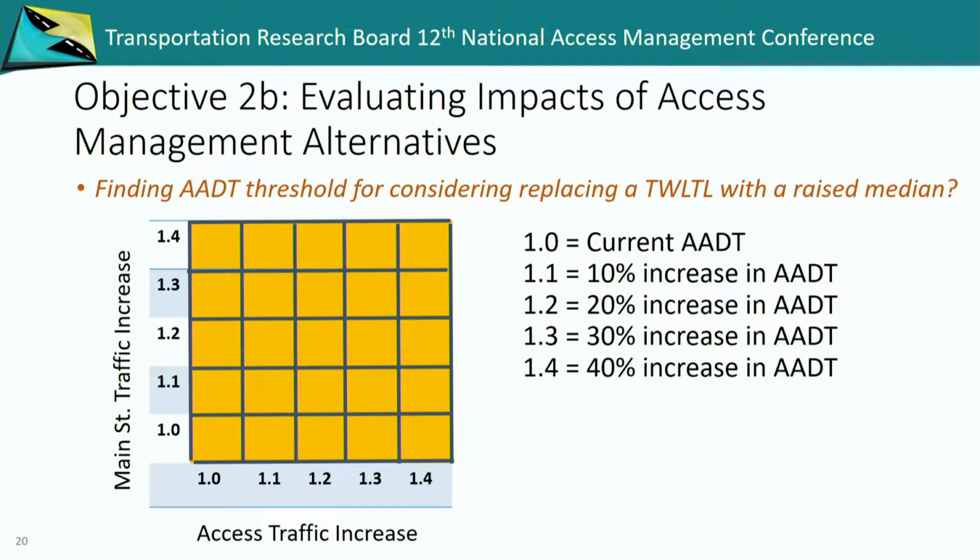So we looked at increasing our access traffic as well as our Main Street traffic. We increased at 10% increments up to a 40% increase. Anything higher than that, the whole model just blew up because there was just too much traffic for the number of lanes. We didn't ever change lane configurations, just looked at the conflicts.